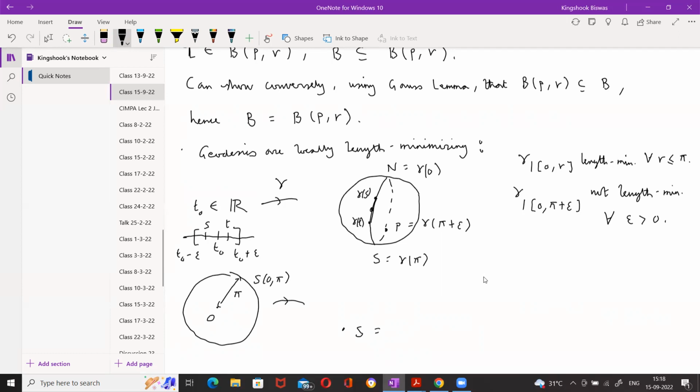This is equal to exp of S(0, pi), the singleton, the South Pole.